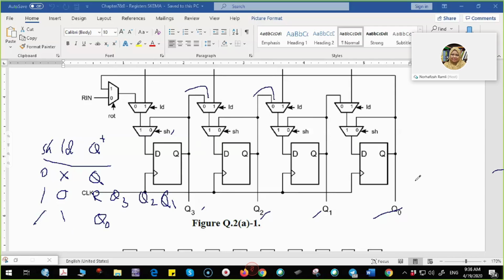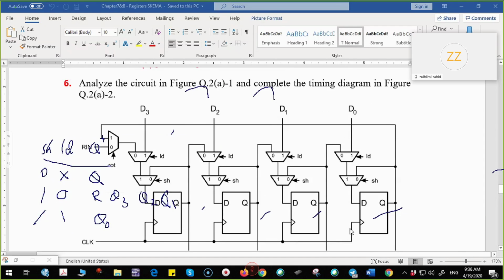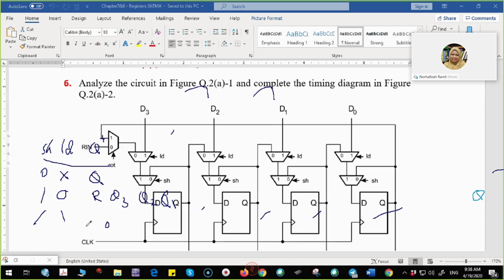When shift is 1 1, it takes from D, not Q. This one will take from D3. That means they will do load. The function here is either shift right or load.